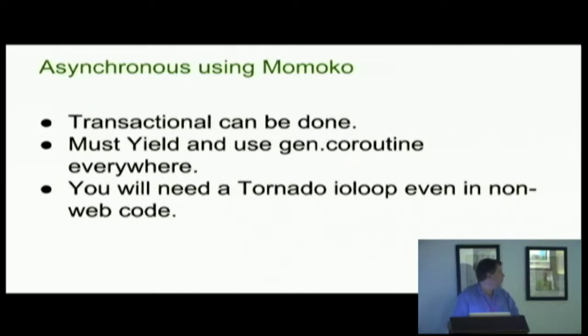That doesn't mean you can't do transactions. You just have to manually do them yourself, which is kind of a pain in the butt. But it can be done. I didn't bother to do it for this one because it would have made the code messier and I was running out of time. But it does make it a lot harder to do.